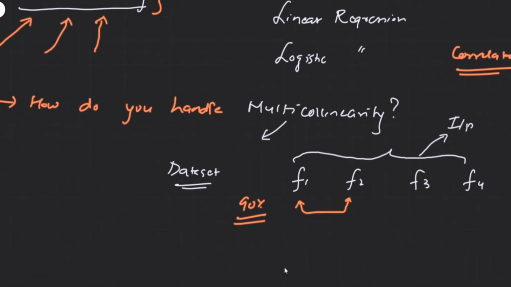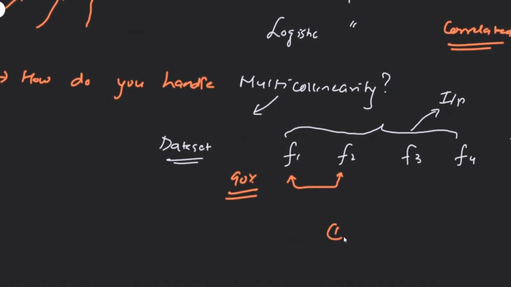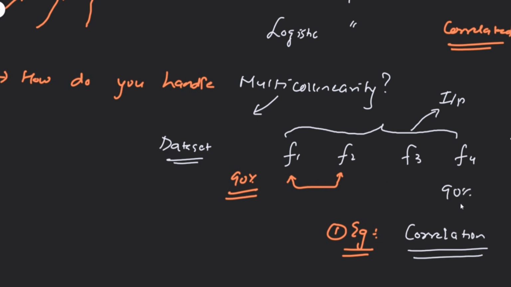One simple answer that I would like to give, one example, if you tell me to give one specific example, is correlation. We can use the correlation concept, and I can say that if two independent features are more than 90% correlated, I may remove one of them. This is one suggestion that we can give.